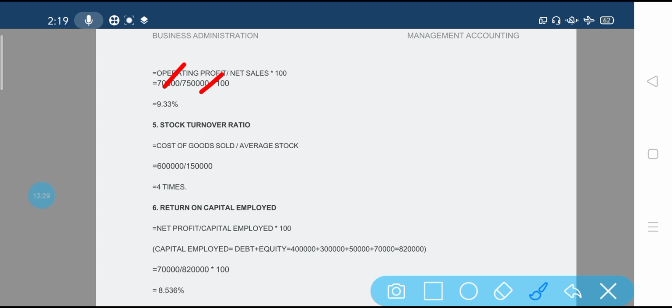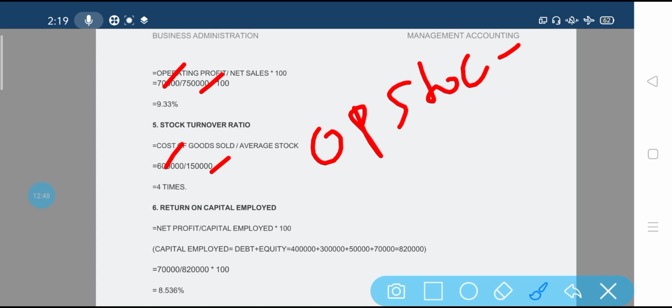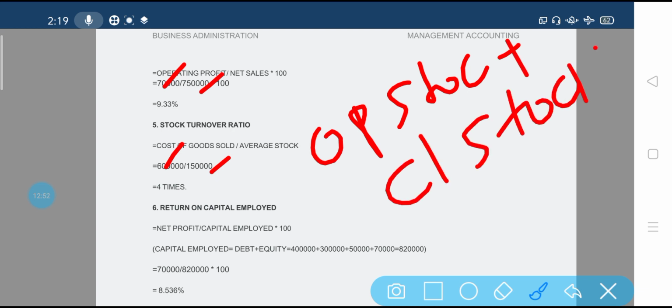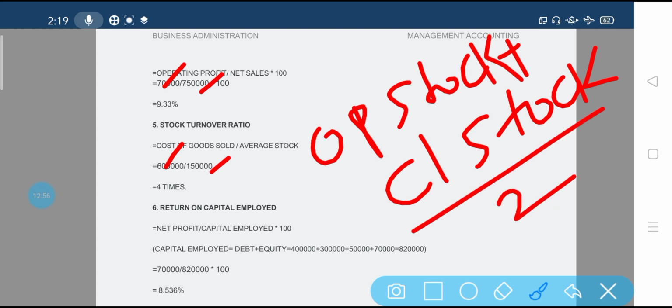The next ratio is stock turnover ratio. The stock turnover ratio formula: cost of goods sold divided by average stock. The cost of goods sold is 6 lakh, divided by average stock: opening stock plus closing stock divided by 2.